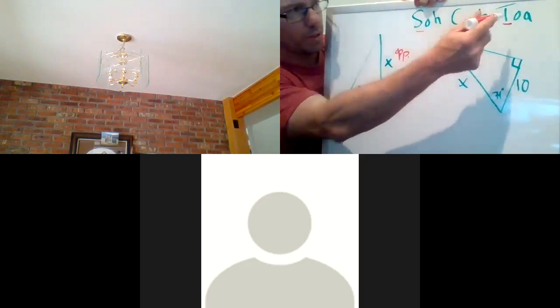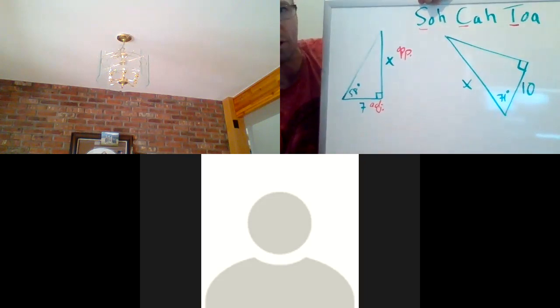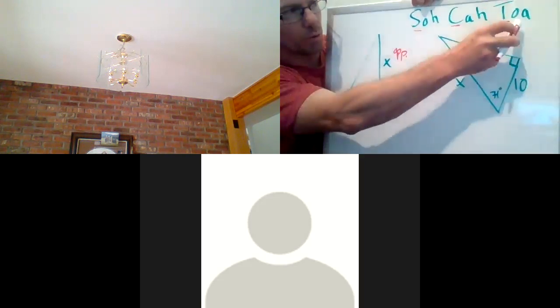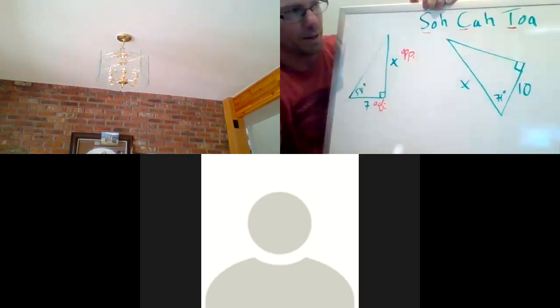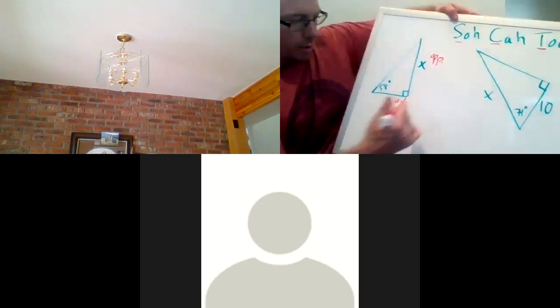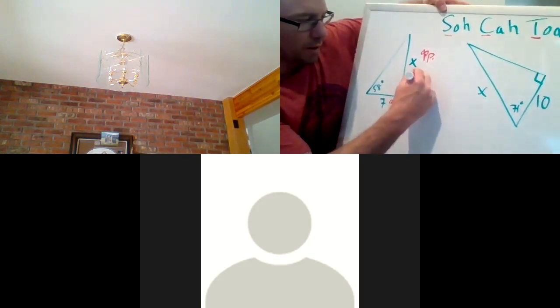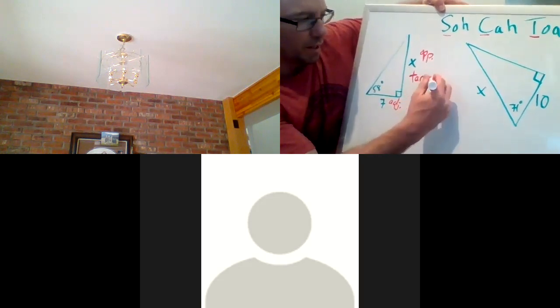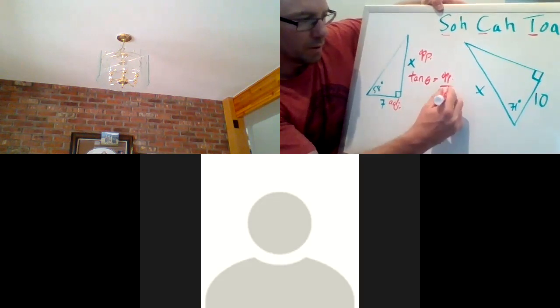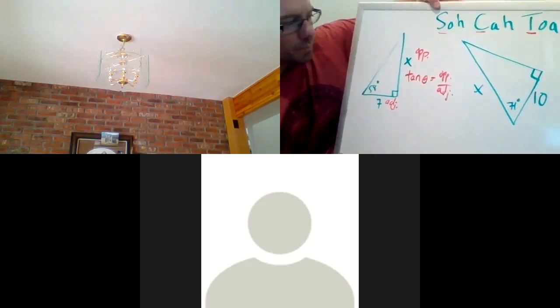So I have to look at these 3 things, sine, cosine, or tangent, and figure out which one utilizes the opposite and adjacent side. Well, TOA has OA, so we're going to use tangent. So I'm going to set up my ratio and say tan theta equals opposite over adjacent.